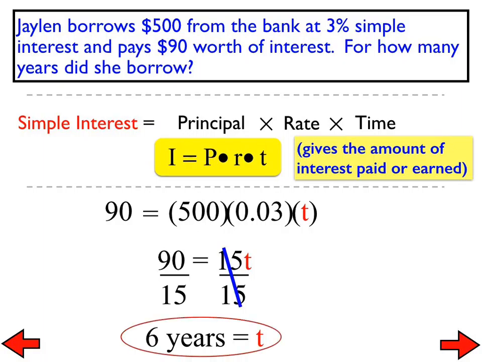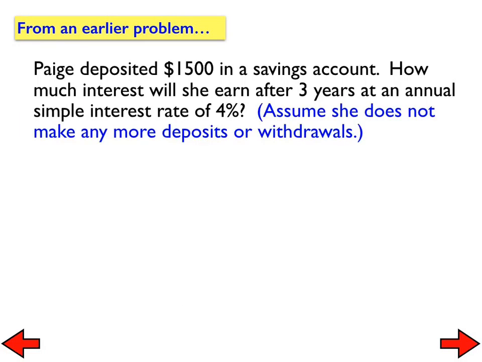To answer the question that you're all thinking, yes, you can use this formula to solve number 1, 2, 3, and 4, the ones we just did. And I'll show you. For example, this one was your number 4, about Paige. If we use the formula, which is I equals P times R times T, do they give us the interest?